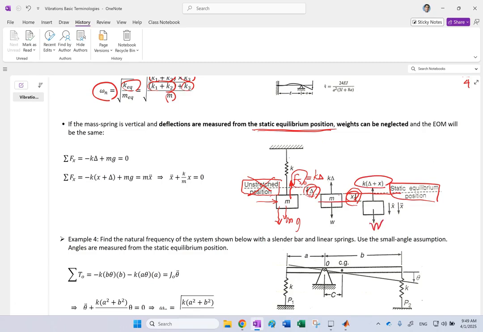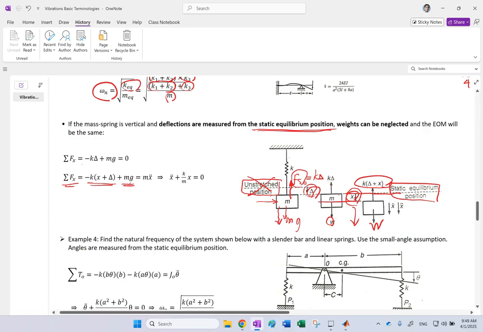On the other hand, you also have this mg or w. So when you draw the FBD for this system that is going to oscillate, there are two forces, w and k times delta plus x. So if you write the equation of motion, sum Fx equals negative k times x plus delta, assuming x positive is measured downward, and then plus mg, because mg is in the direction of x.